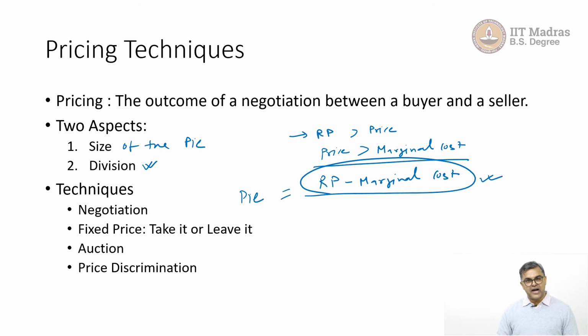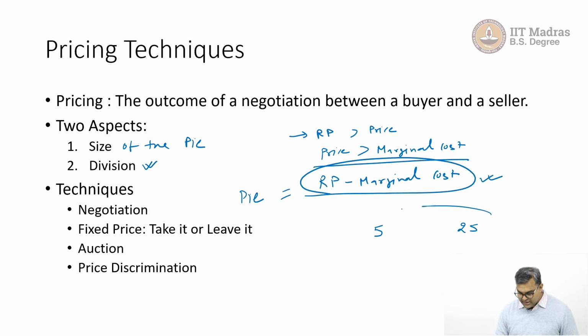When you go to the bazaar to the sabji walas, when you purchase sabji, the sabji wala says 20 rupees per kg, you say 15 rupees per kg I will pay. What does it mean? Of course, the seller, the sabji wala, has a cost, let us imagine that it is 5 rupees, and in your mind at least, you would of course not tell it to the sabji wala, you would have bought this sabji if the price was up to 25 rupees, which means your reservation price is 25 rupees.